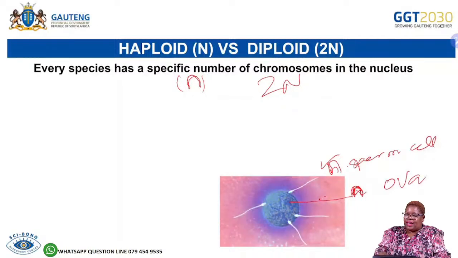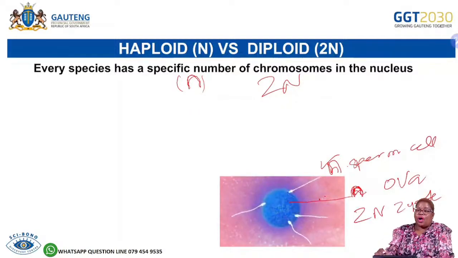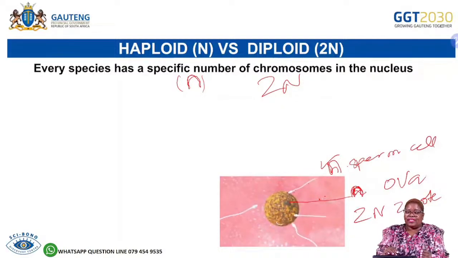They will result in a diploid zygote. I want you to understand the difference between a haploid and a diploid.